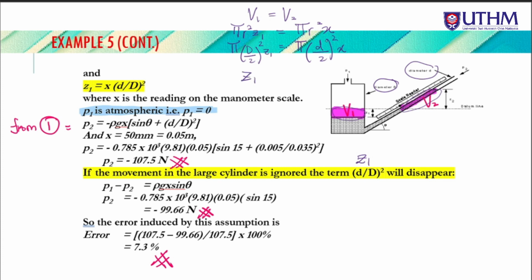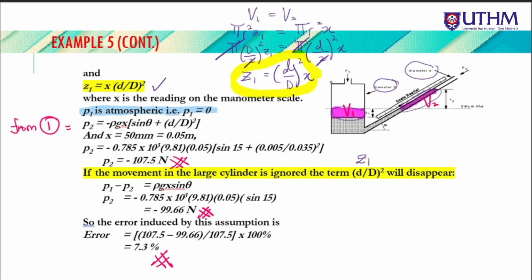So yang ni dengan yang ni boleh cancel out, yang ni dengan sini boleh cancel out. So kita ada Z1, kita left yang ni on the left. So kita ada d squared over D squared times X. So kita dah dapat the value of Z1, which is Z1 equals to X d squared over D squared.